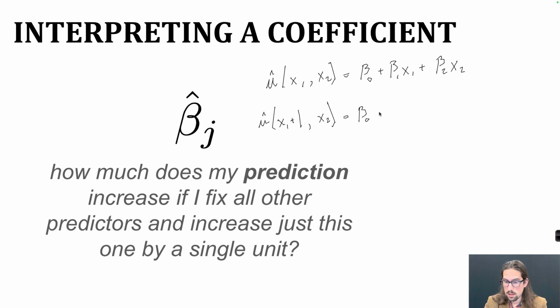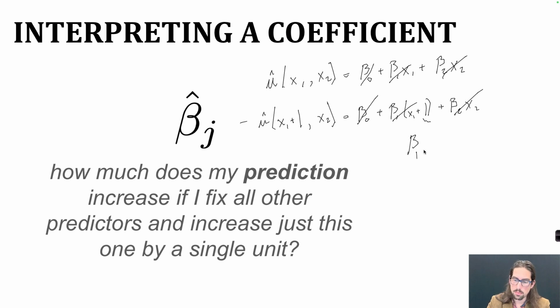That's going to be beta 0 plus beta 1 times (x1 plus 1) plus beta 2 x2. So if we take the difference, subtracting these two, that's going to cancel with that. These two terms cancel. Here we have a beta 1 x1, and here we have a beta 1 x1. And then what's left over is this 1 times beta 1, which is just beta 1.